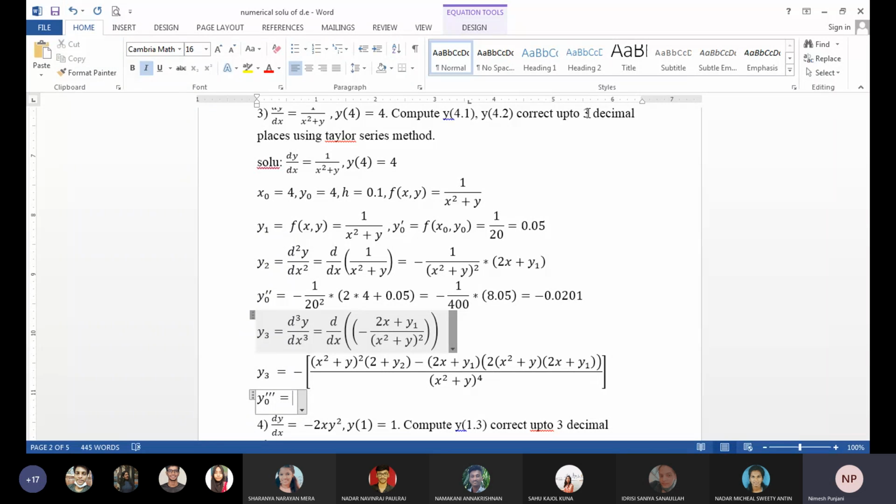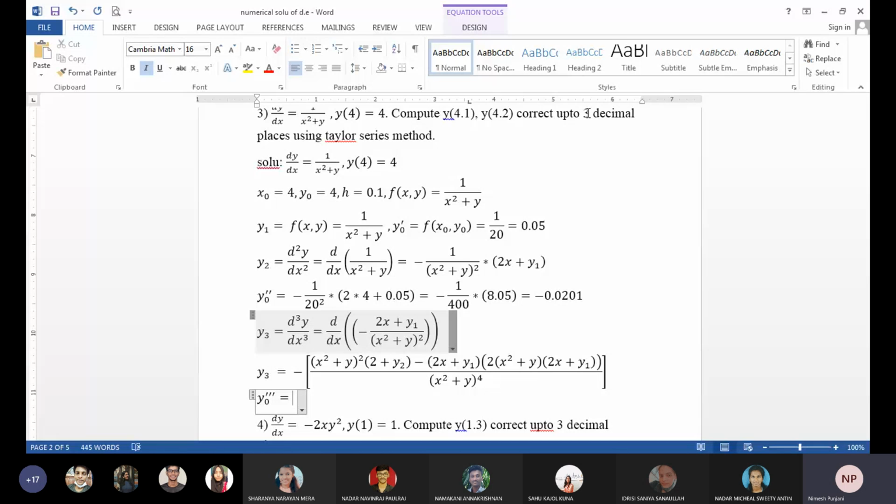Now, if I try to find out my y4, so y4 will be what? Derivative of the third order derivative. तो उसमें तुम्हारा u into v है, u upon v है, and that also is more complicated one. इसके लिए fourth derivative को I am ignoring. I am changing the question to correct up to 3 decimal places instead of 4.